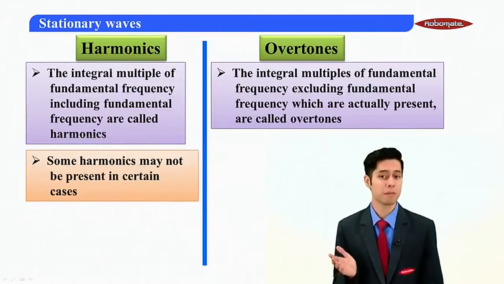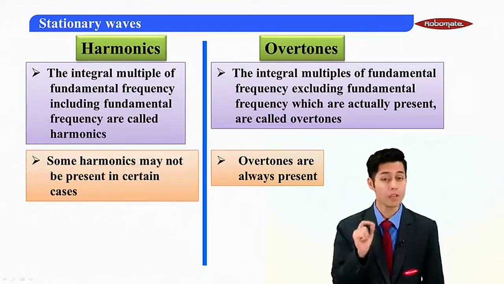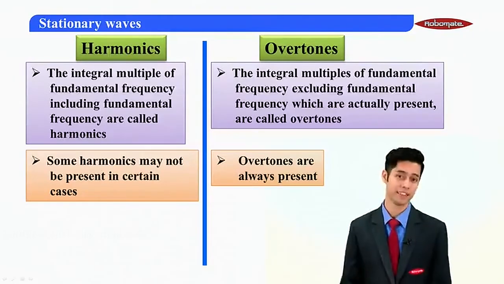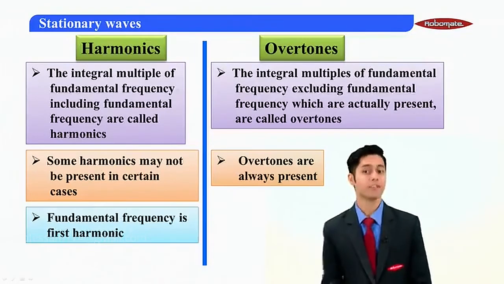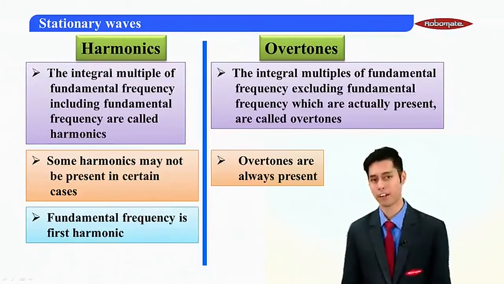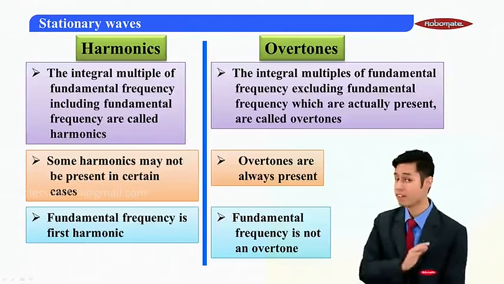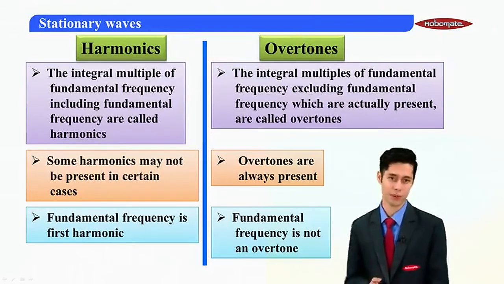Some harmonics may be present in certain cases, but always remember, overtones are always present. In the next case, the fundamental frequency is called the first harmonic, but the fundamental frequency will not be called an overtone.